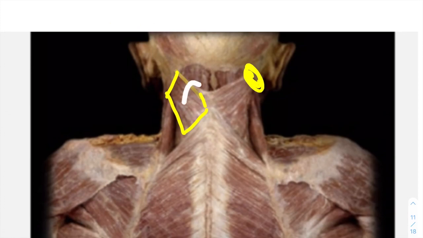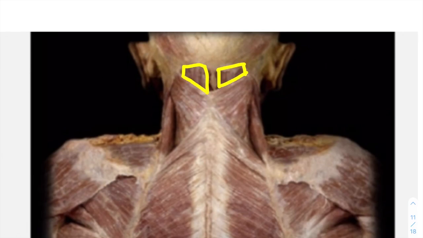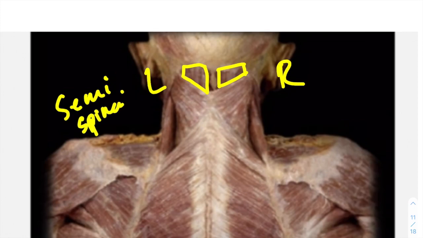Don't confuse them. And then the muscle that's deep to that, which you can see right here and here, from the left and the right side, you'll see that this is the semispinalis, not semisplenius, semispinalis.